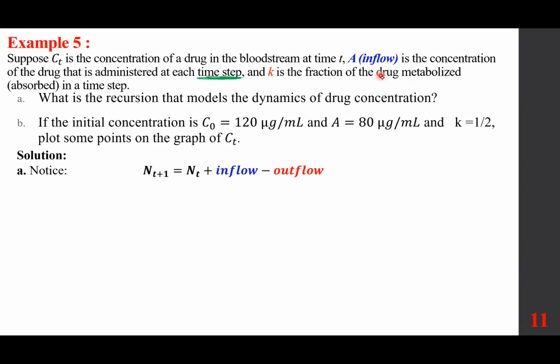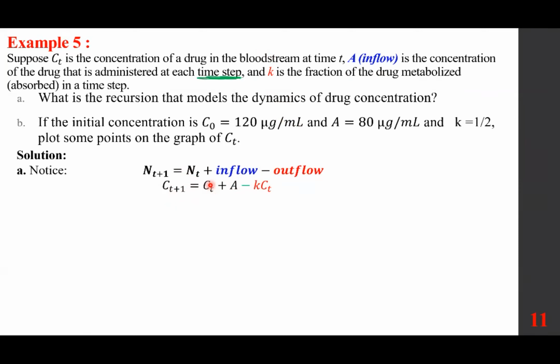If 20% is absorbed, 80% is left, and so on and so forth. So this basically is K, whatever this fraction or percentage is, times the original amount, which was N sub T. And of course, we are changing the N to C. So C sub T plus 1 is C sub T plus A minus K C sub T.